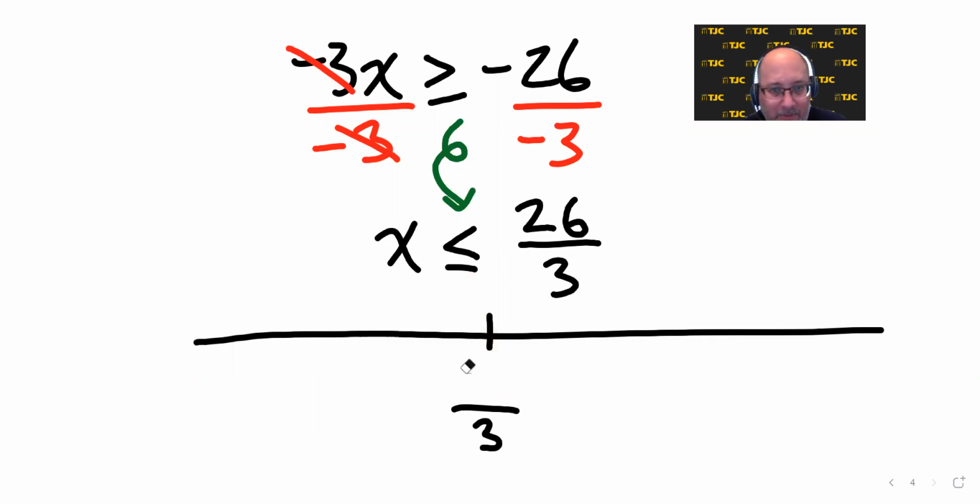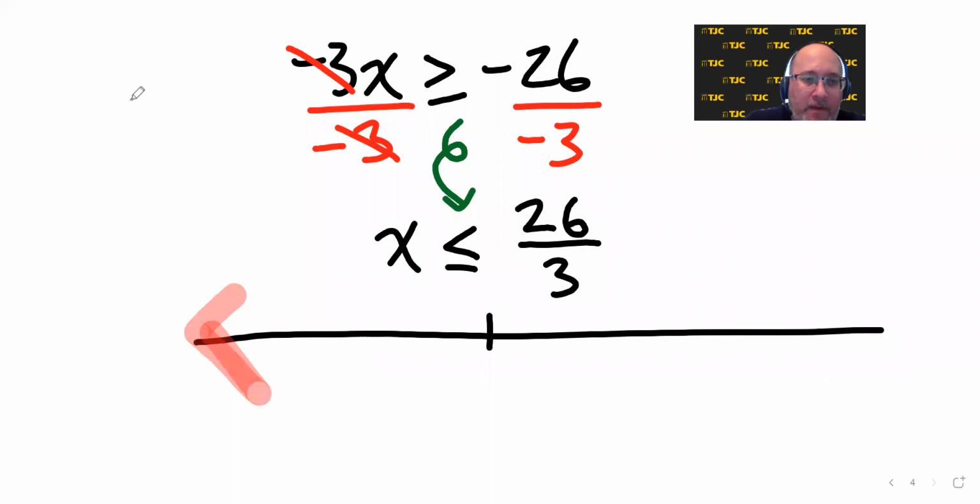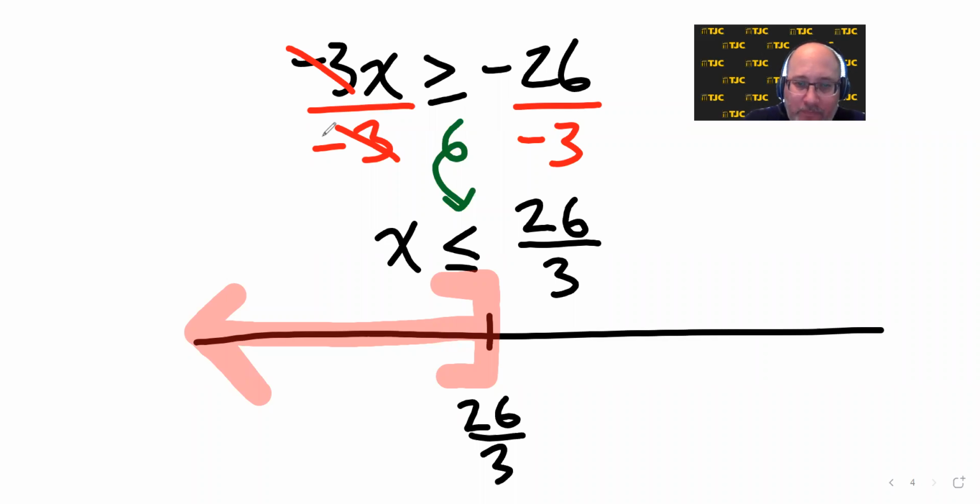Okay, it looks like I'm not going to be able to erase that without erasing that. So let's try this again. Let me start by drawing the arrow to the left and putting the square bracket on the 26/3 because it says less than or equal to, and then I'll just draw the 26/3 underneath that.